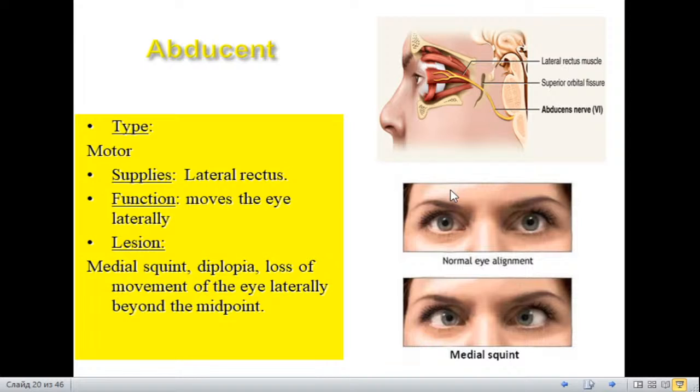Lesion to the abducens nerve causes similar signs as the trochlear and oculomotor nerves: strabismus, diplopia, and disturbances of movements of the eyeball.